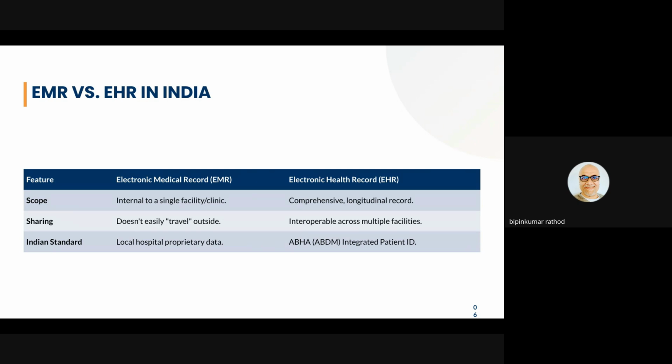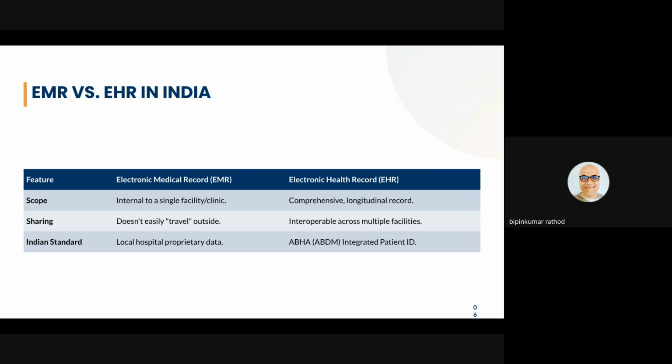Now let's talk about the two major concepts here. First is EMR, meaning electronic medical record. Second is EHR, electronic health record.